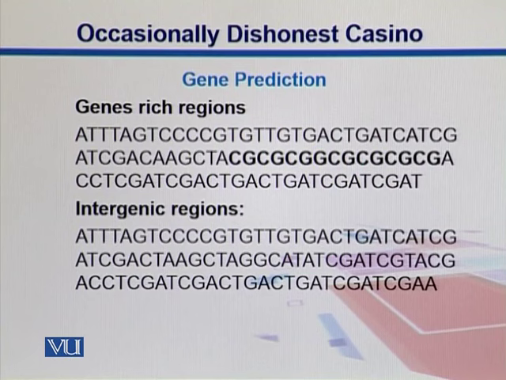So let's see how this fair and loaded dice example is comparable to gene finding situations. If we look into the gene-rich regions, we see that some nucleotides are present more frequently.